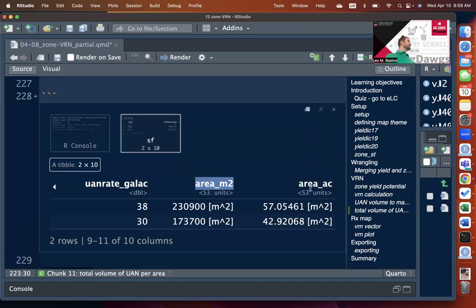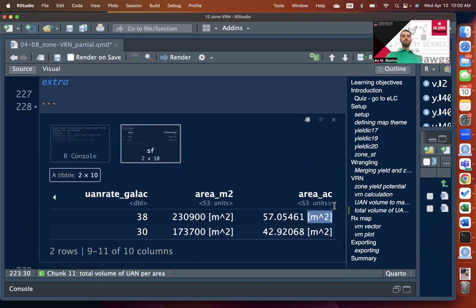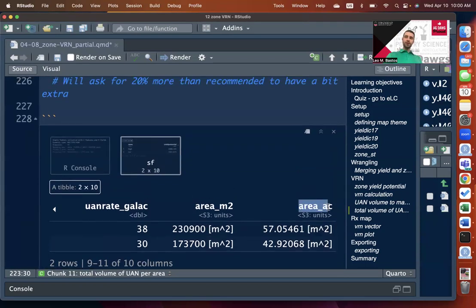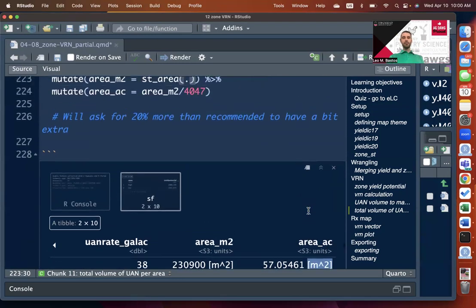But the second one that we did the transformation, even though we know that number is acres, that column type is still of a type units, and it still says meter squares, even though it's not anymore. So just so we don't get confused on these units and look back and say, well, is this meter squares, is this acre? We're just going to force this column to be numerical. So it's going to stop being seen as a units type of column, and it's going to drop this meter square on this column here.